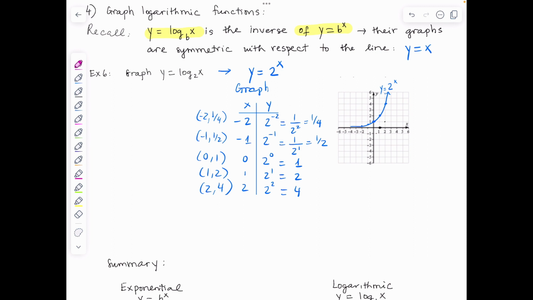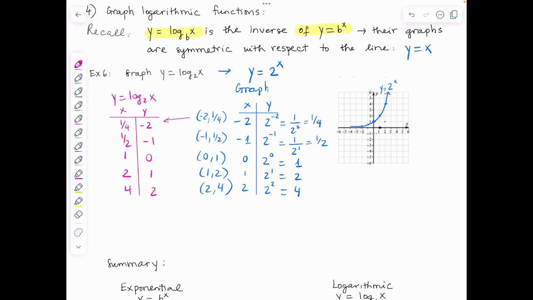Now the log function, y equals log base 2 of x. All we have to do is reverse x and y. So the ordered pairs would be 1/4, negative 2. I'm just interchanging x and y here. 1/2, negative 1; 1, 0; 2, 1; and 4, 2.